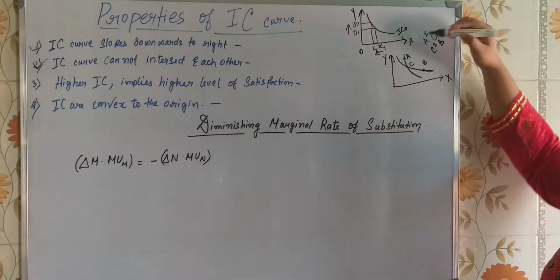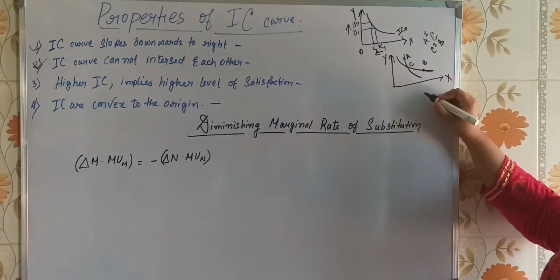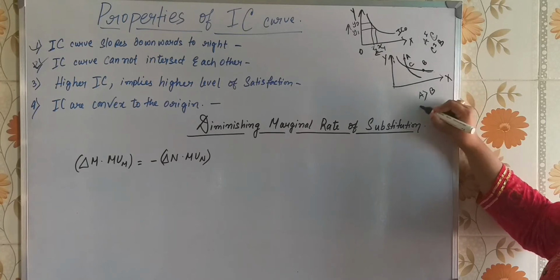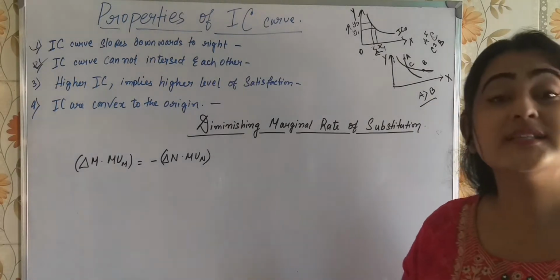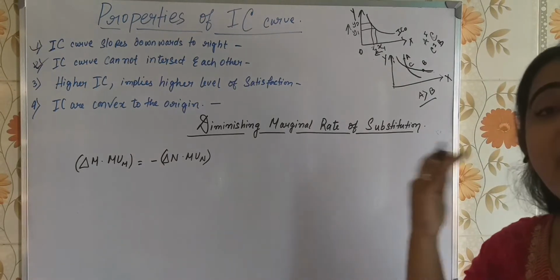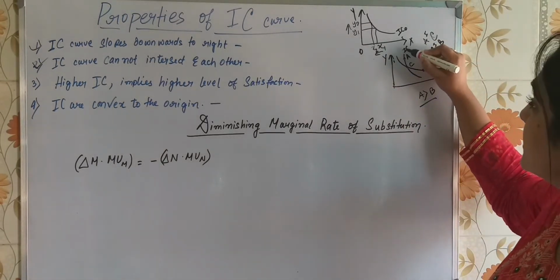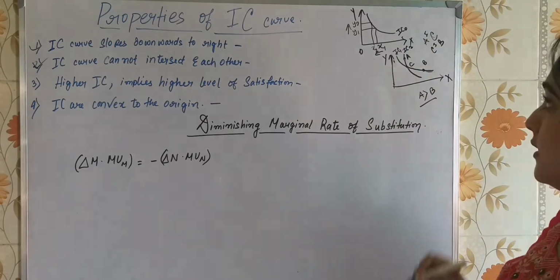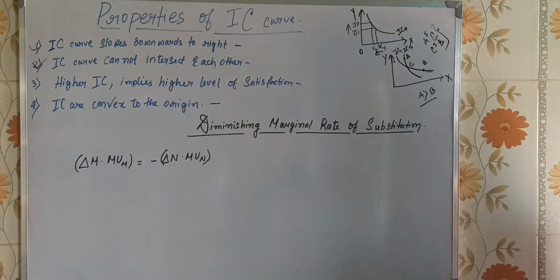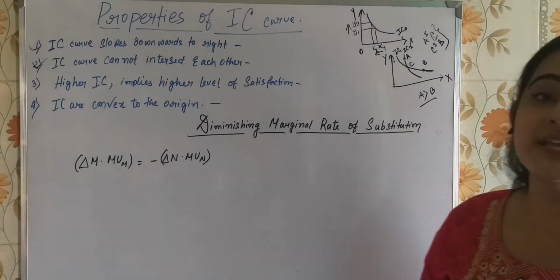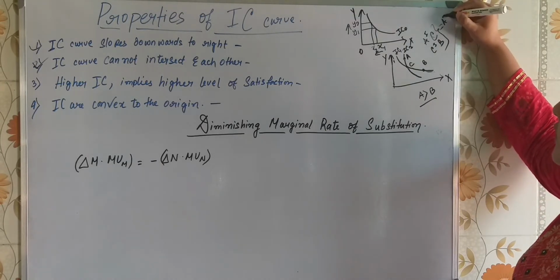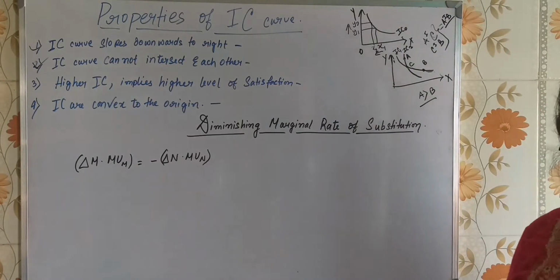Now, we know that A is on a higher IC, so definitely A will be preferred to B. A has to be preferred to B because the higher the IC curve, the higher the level of satisfaction. So, A is a point on the higher IC curve, which is suppose IC2, and this is IC1, right? Now you see, if A is indifferent to C and C is indifferent to B, it would imply as per the axiom of transitivity that A will be indifferent to B, isn't it?